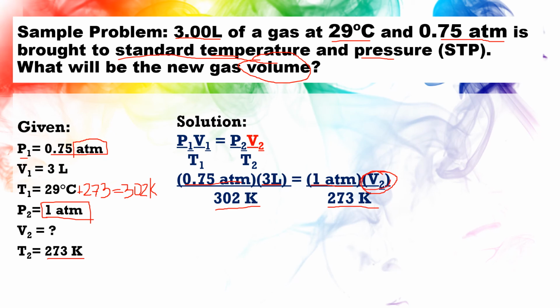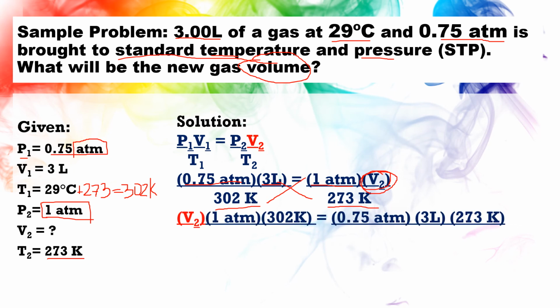So to solve for V2, simply cross multiply. So that will become V2 times 1 atm times 302 kelvins is equal to 0.75 times 3 liters times 273 kelvins. And then solve for V2, divide both sides by 1 atm and 302 kelvins.